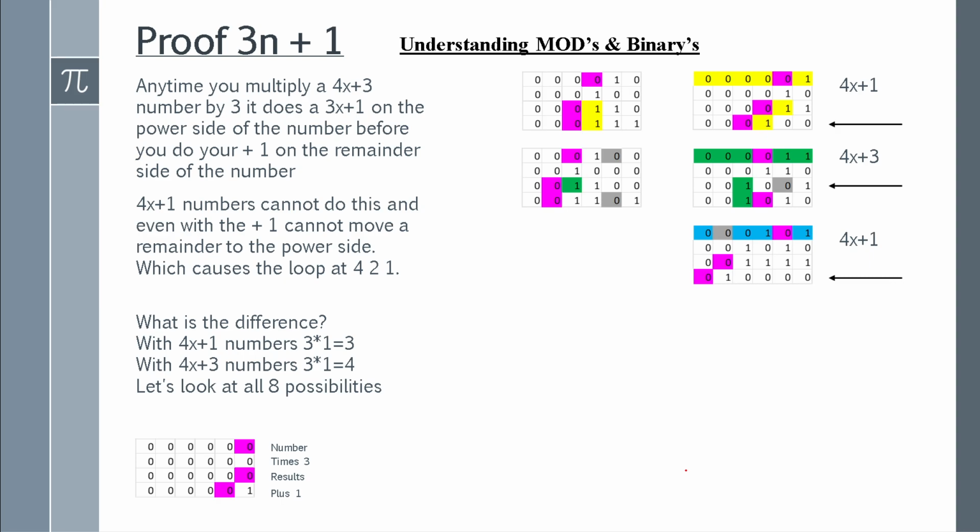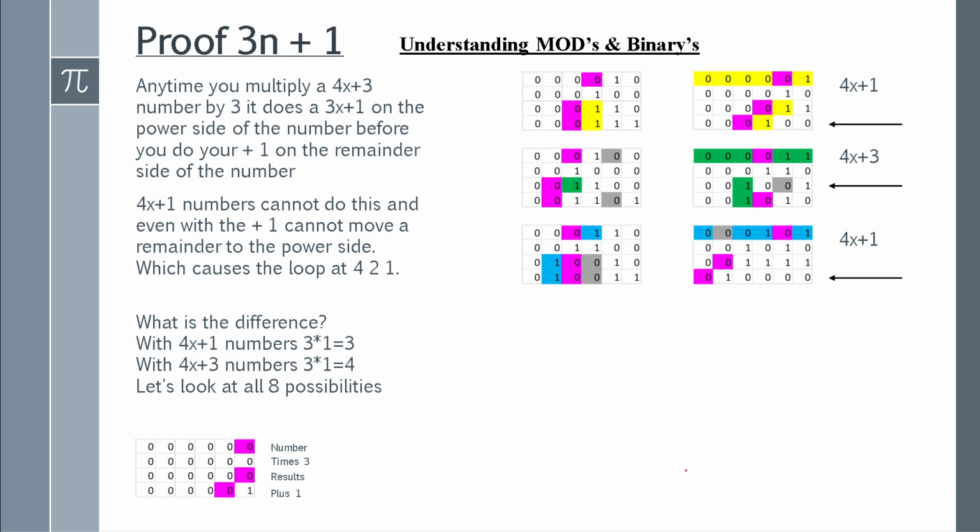So when we multiply by 3, we're not having as big of an impact on the power side as much as we're having on the remainder side with 1 mod 4 numbers. 6 has 2 1s on the remainder side, so it's going to act like a 3 mod 4 number, right?